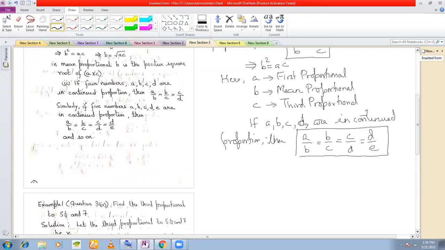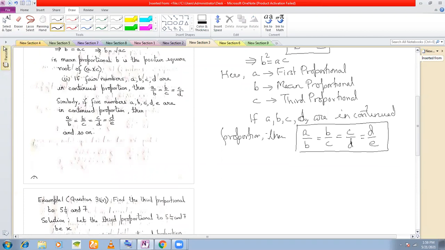If A, B, C, D are in continued proportion, then we write A by B is equal to B by C is equal to C by D. Okay, this is what we write. So this part will not be there.